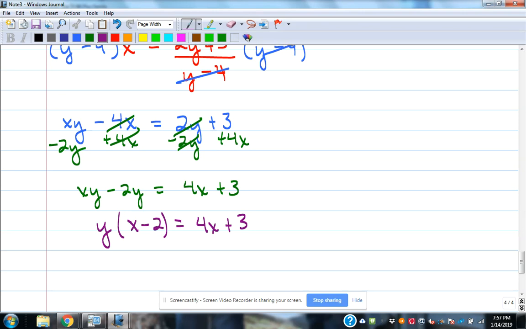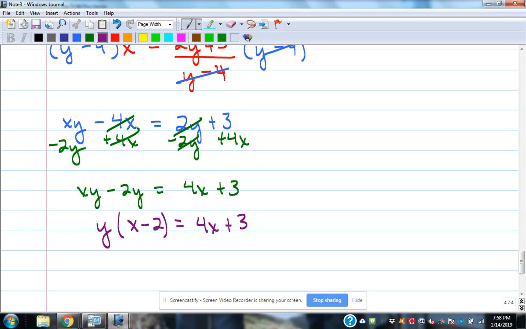Now what's going on between y and the x minus 2? What operation? Times. The opposite of that is division. We want to get y by itself, so we want to leave it where it's at. So we want to divide by the part that isn't y, which would be the x minus 2, right?